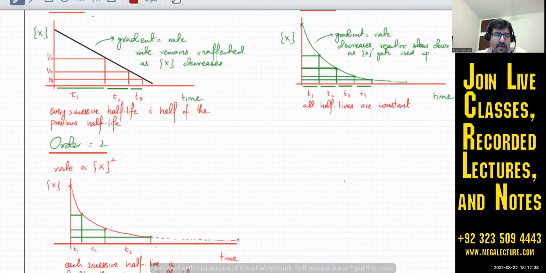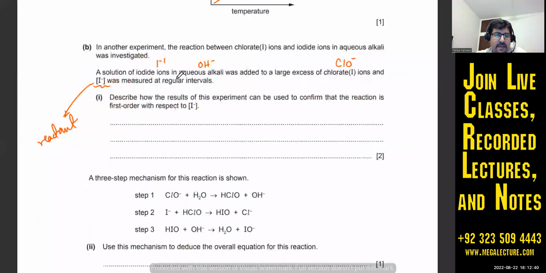So whenever you plot reactant concentration with respect to time at regular intervals, how could it confirm that it's first order with respect to I minus 1? So measure the half-life of I minus 1 concentration, and it should be constant.